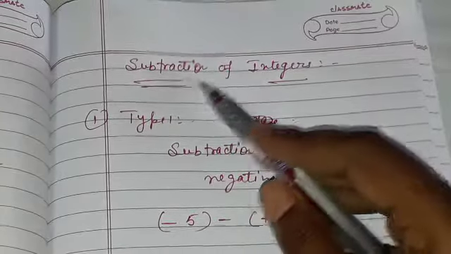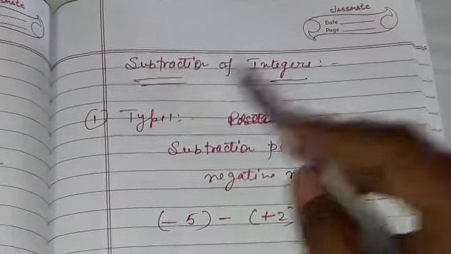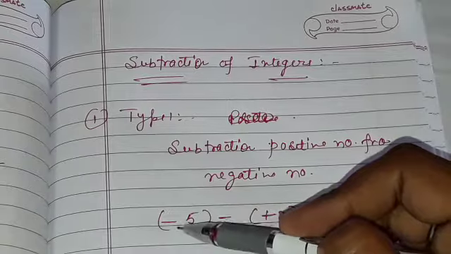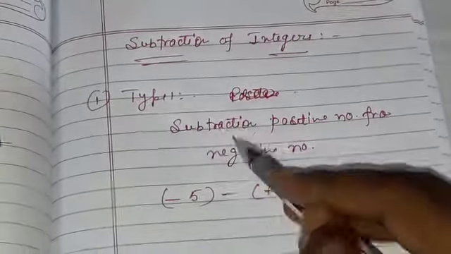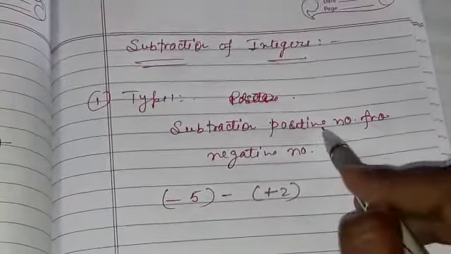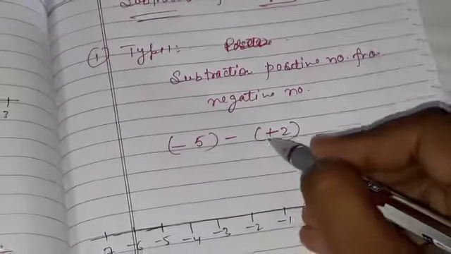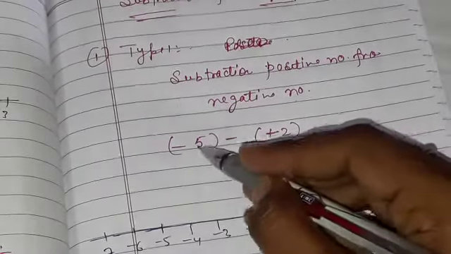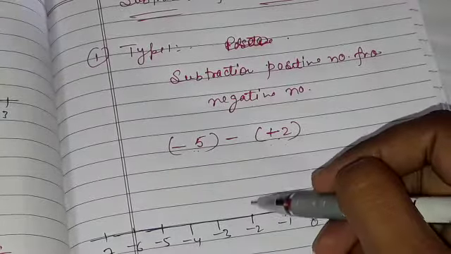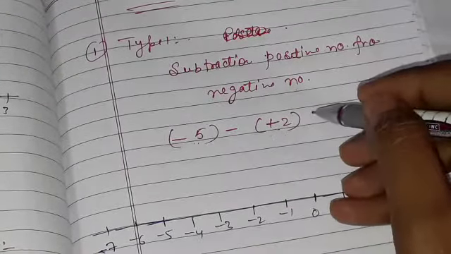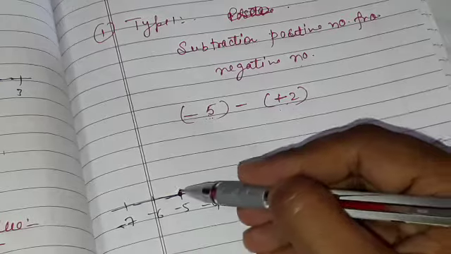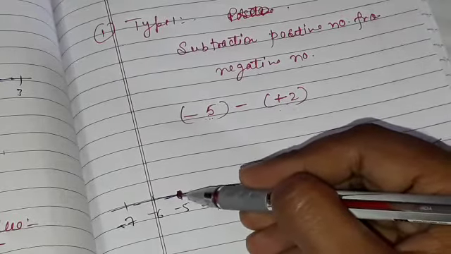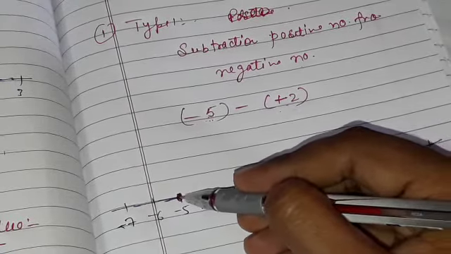Class, your new topic is subtraction of integers. Again here, class, there are three types of subtractions. The first type of subtraction is when you subtract a positive number from a negative number. So you can see a positive number subtracted from a negative number. Class, it's very important: your first integer always gives you the position from which you start on your number line.